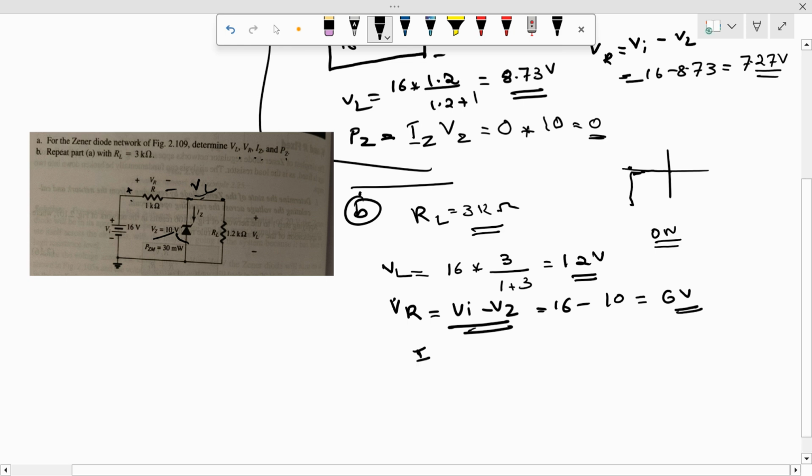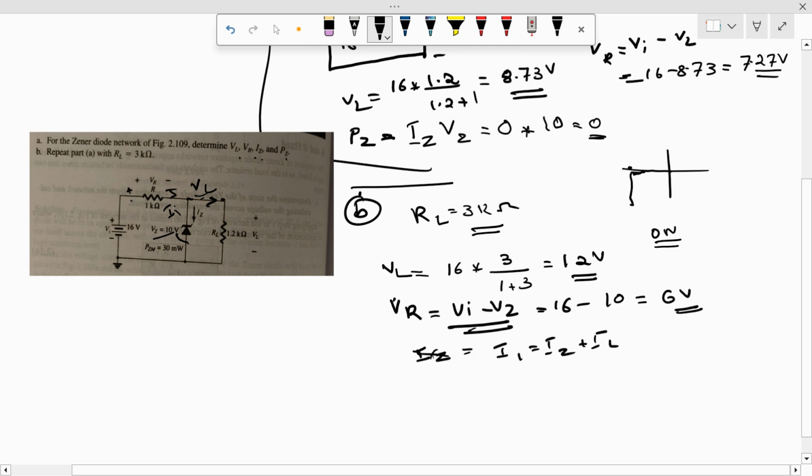The IZ. Okay. So by examining this circuit, we can say the input current, we can call this current I1, is divided into IZ and IL, right? So we can write I1 is equal to IZ plus IL, right?